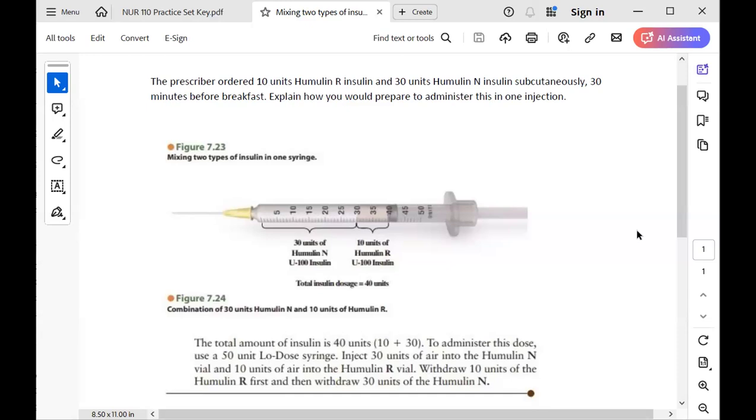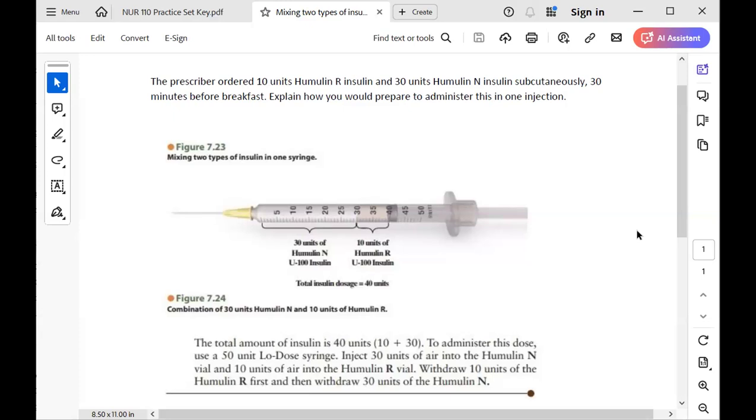It's a little bit misleading because it's like, well, why are we drawing this? It's just how they want you to mark it if they ask you this question. So it tells you in this example, and I got this from one of the textbooks, that you have 10 units of regular Humulin R insulin and 30 units of Humulin N insulin. So R is regular and N is NPH. And it says, how would you prepare it?